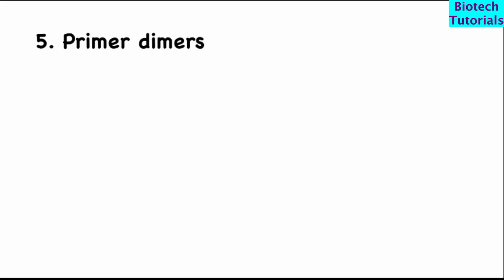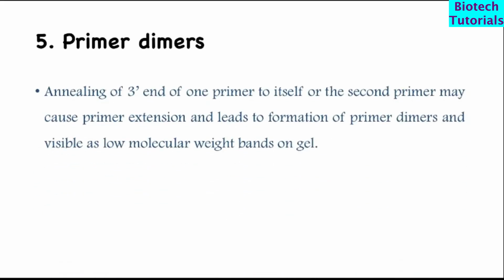Fifth one is primer dimers. Annealing of the 3' end of one primer to itself or the second primer may cause primer extension and lead to formation of primer dimer, visible as low molecular weight bands on the gel.